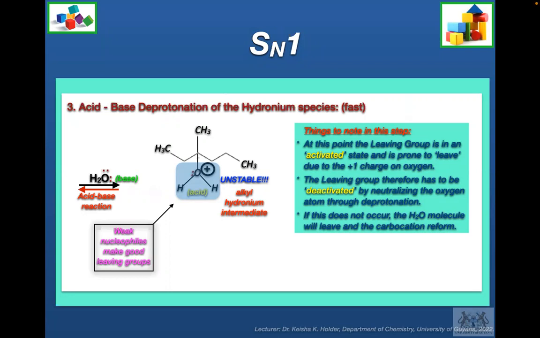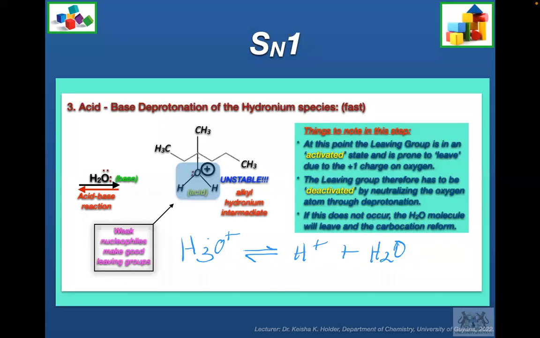So one can see that this is like H3O+ that can actually be equilibrated to H2O and H+. Okay, so one can also envision a similar reaction occurring with our hydronium species by way of a deprotonation.